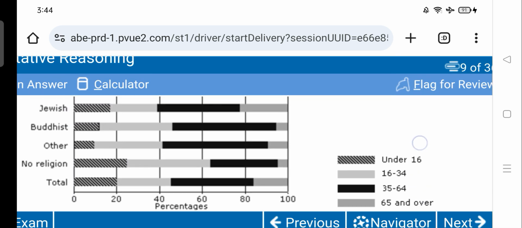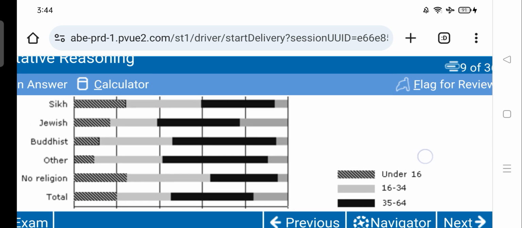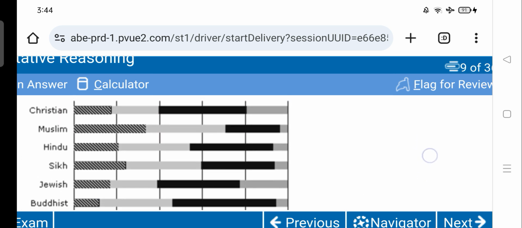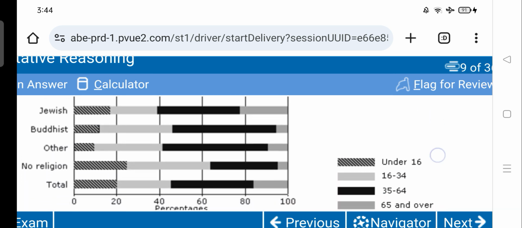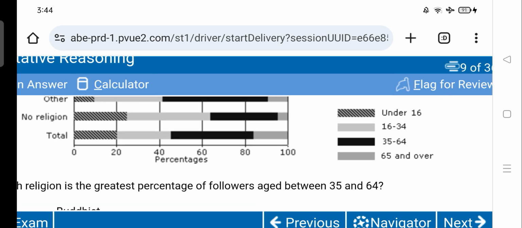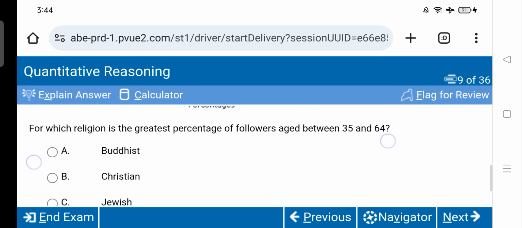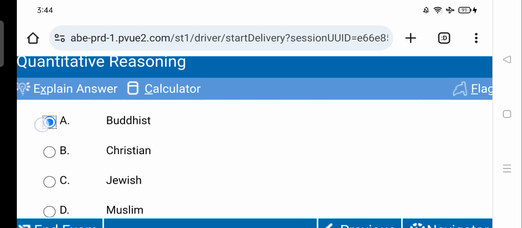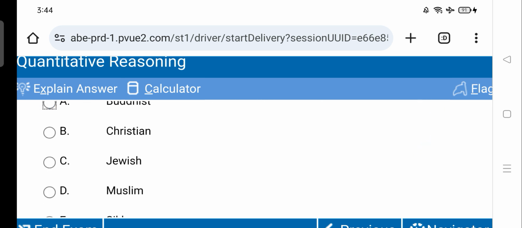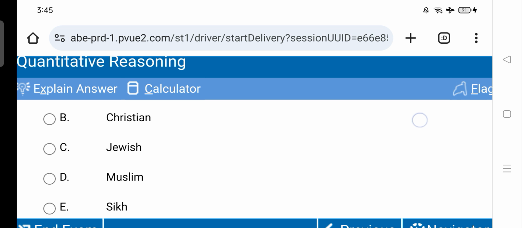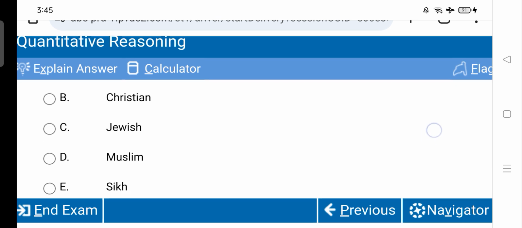You can see in which religion this one is the greatest box. So first we have option A Buddhist, option B Christian, option C Jewish, option D Muslim, option E Sikh.